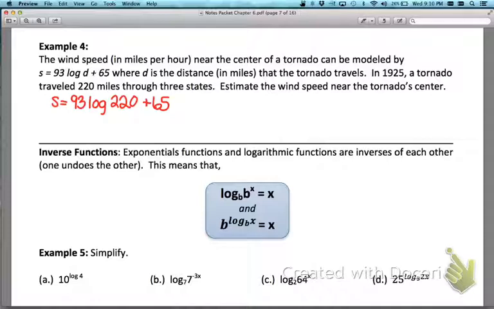So grab your calculators, and we're going to say 93 times the log of 220, enter, plus 65, enter, and we get 282.8, and what is this in? Miles per hour. That's how fast the tornado was going based on its distance.